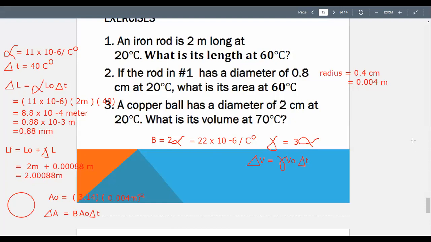So again, for our linear expansion, let's have a summary. Linear means length. We have our final length to be equal to L0 plus delta L.